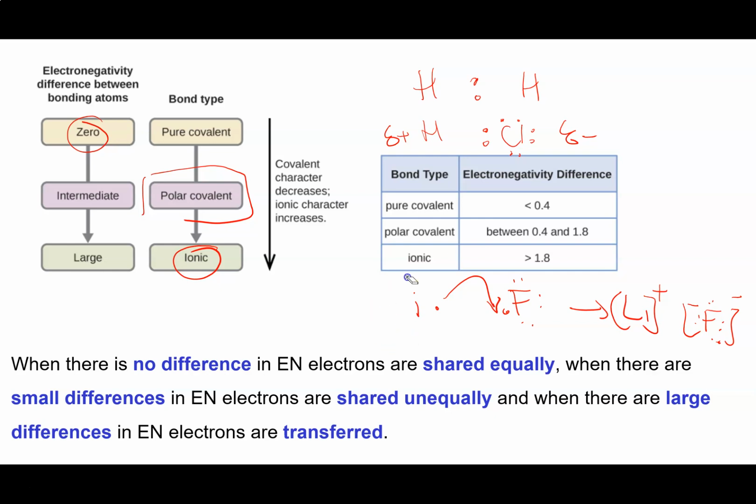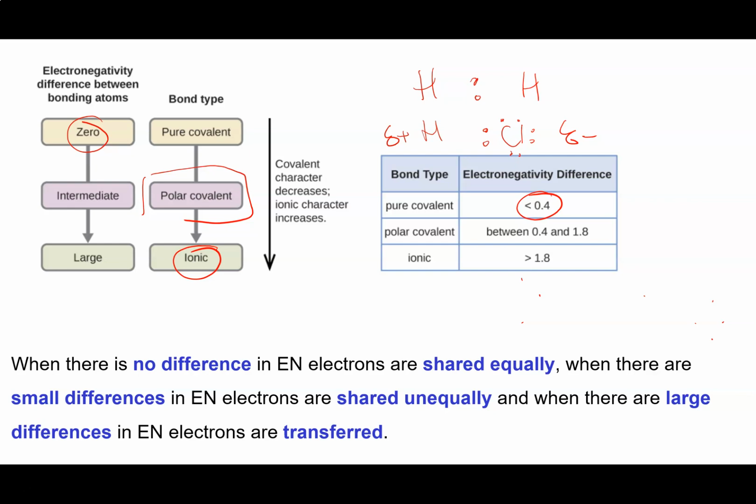So how do we know on the basis of electronegativity values what's going to happen? Generally, if the difference in electronegativity is less than about 0.4, then we're going to have pretty equal sharing of electrons, and we won't really observe any obvious effect of the bond being polar.